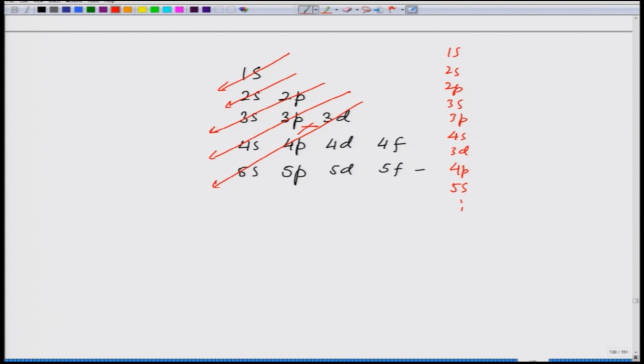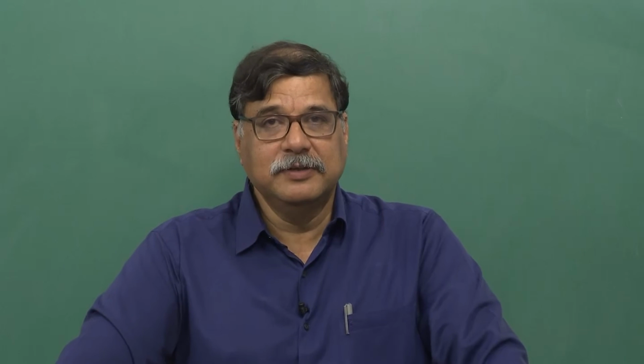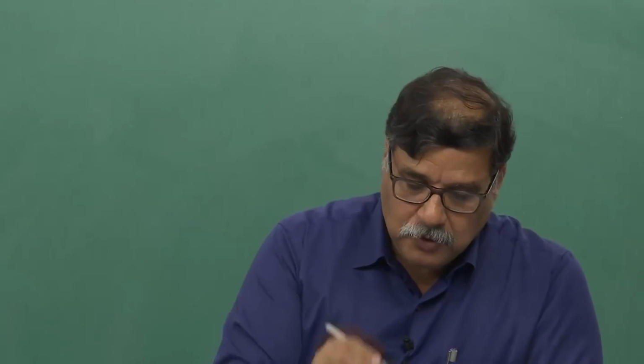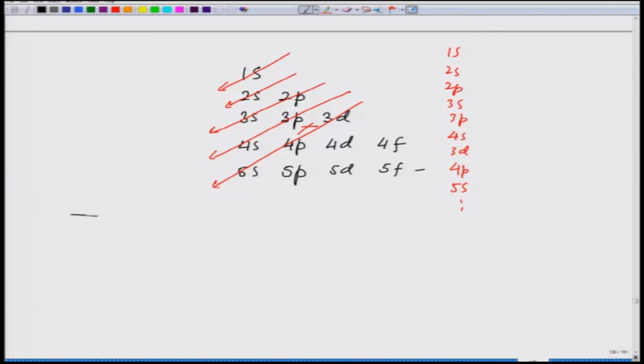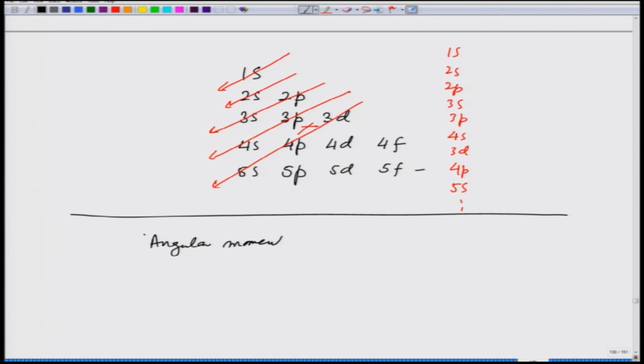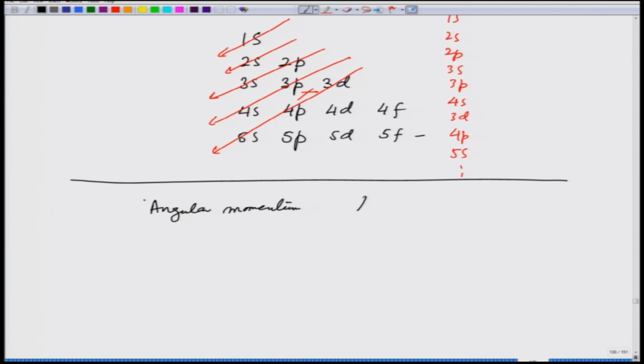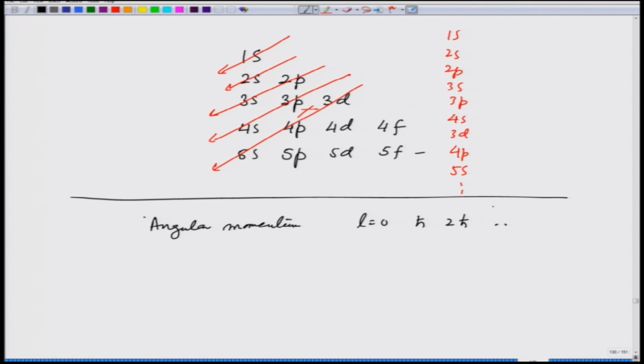It is followed by a large number of atoms in the periodic table, and this is how the levels are filled. So, to conclude, what we have learnt in this lecture is that angular momentum of an electron in an atom could have values L equals 0, h cross, 2 h cross, and so on.